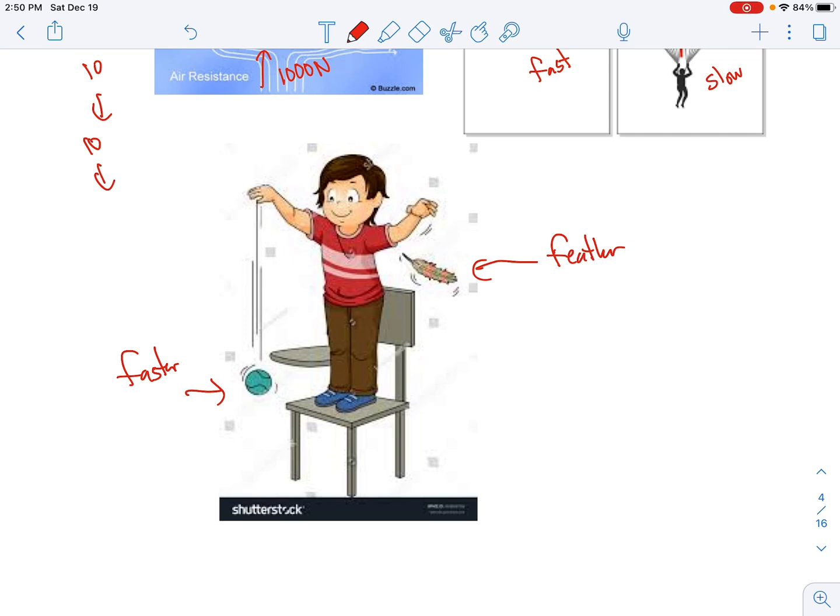And the reason is the feather has more air resistance. Okay, the feather is going to catch all kinds of little pieces of air here and help push it back up. The ball has a really smooth shape. It'll have a little bit of air, but not as much as the feather. Okay, it has nothing to do with their mass. It's all about their shape.